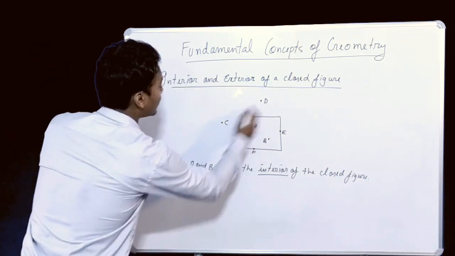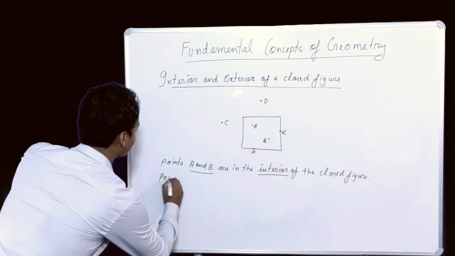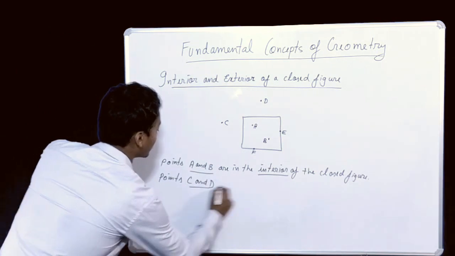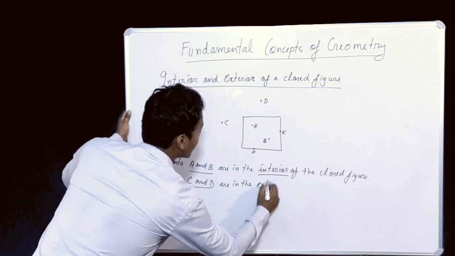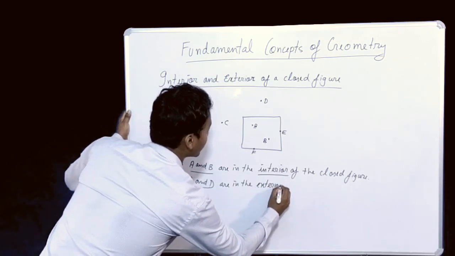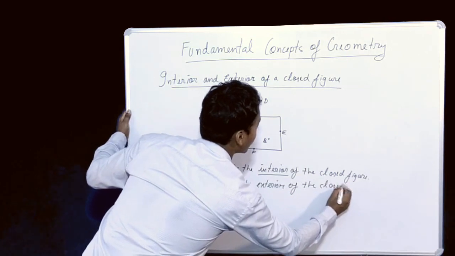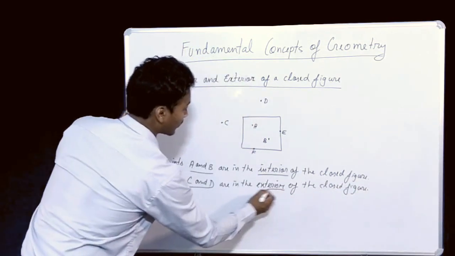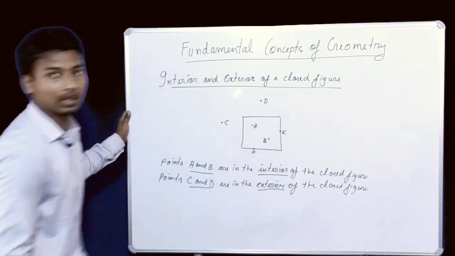And we can see that C and D are outside the closed figure. So points C and D are in the exterior of the closed figure. Now what about the points E and F?